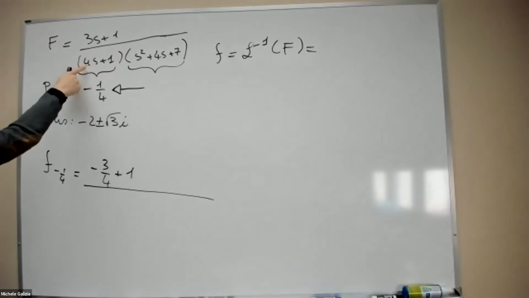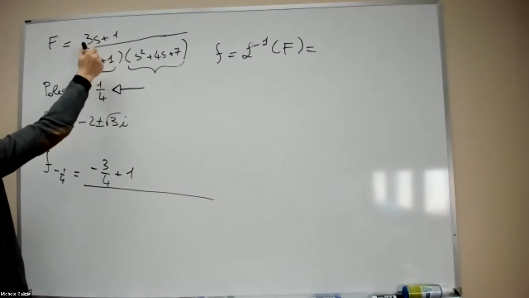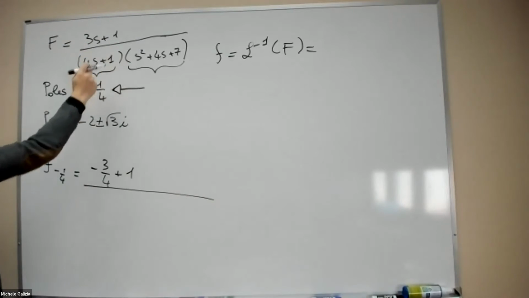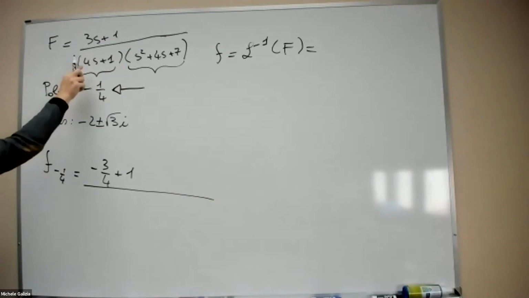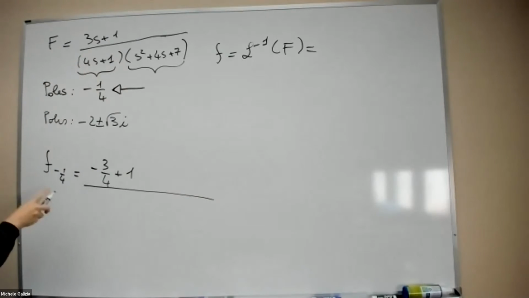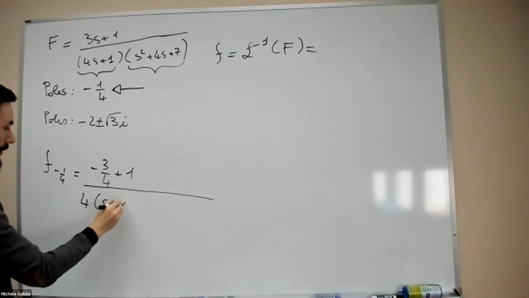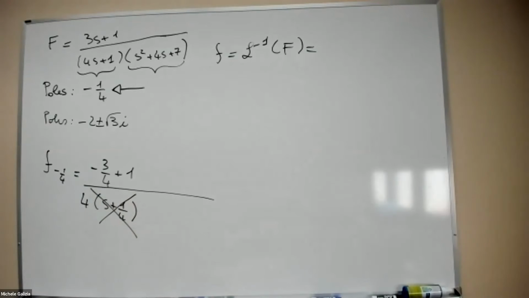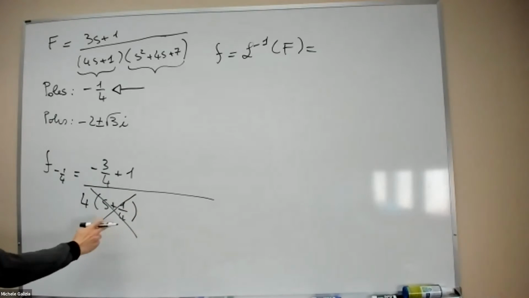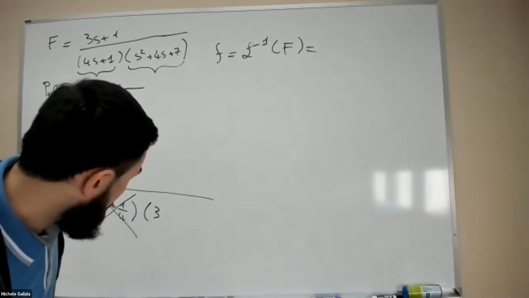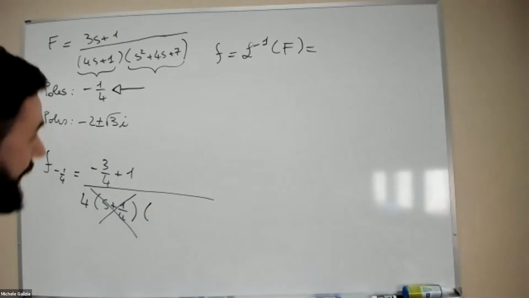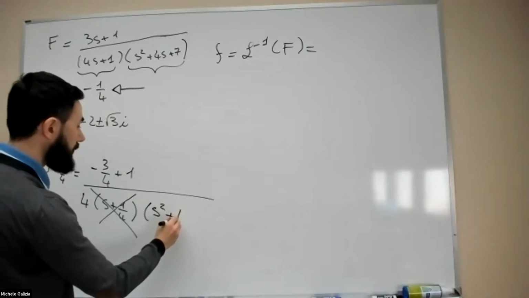So we have to suppress the contribution associated to the pole -1/4, but this coefficient here is 4, is not 1. So we have to bring that out of the parentheses, suppress the remaining term, and then keep everything else as is.